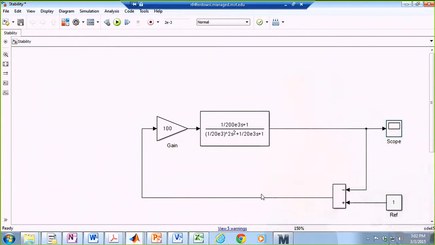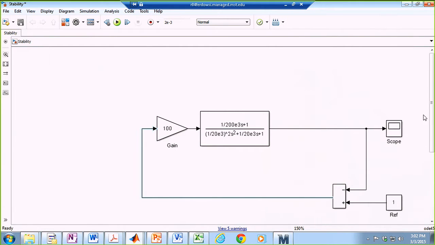An integration block looks at this error accumulatively, and if the error is 0, the integration block doesn't do anything. The output is constant. If the error is positive or negative, then the integration block is never going to get tired. It's constantly reporting that my input is positive or negative, so the output is going to grow or decrease.